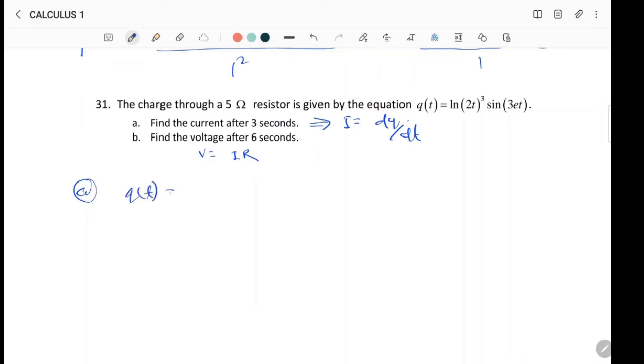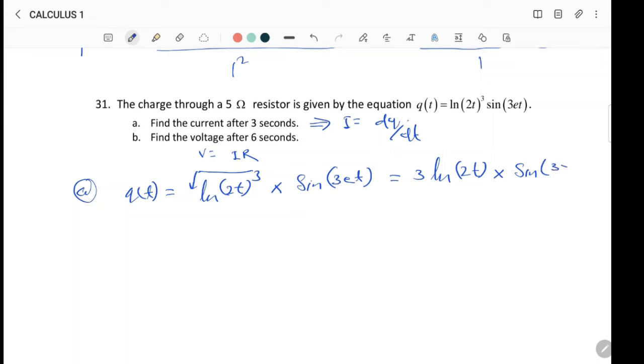Q is given to us: this is ln 2t whole cube, times sine 3et, right? This 3 will come here, 3 ln 2t, then times sine 3et. And now differentiate dq over dt. So we will apply the product rule.